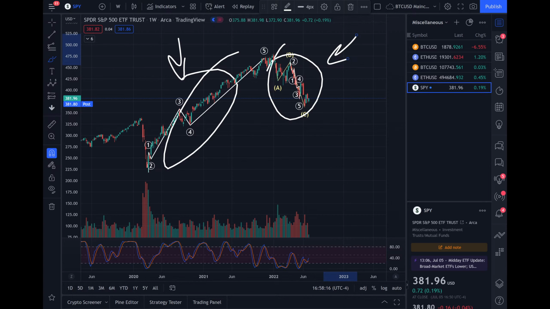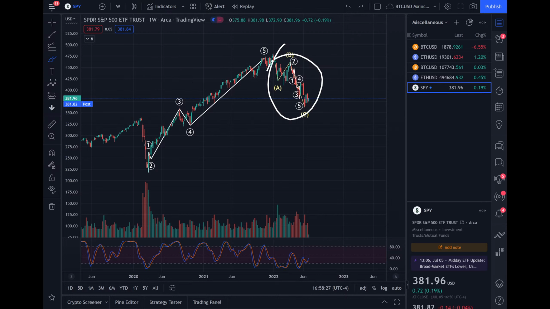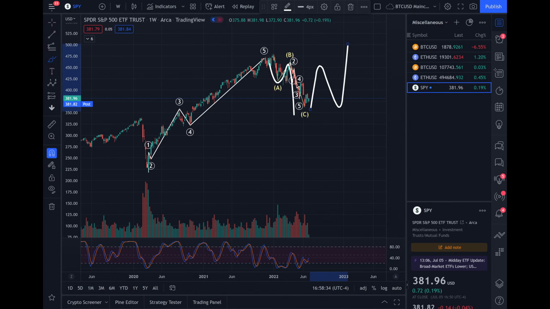Does that make sense? Basically, all I'm saying is that it's likely that this is one correction and this is another correction, or this is one wave of a 3, right?